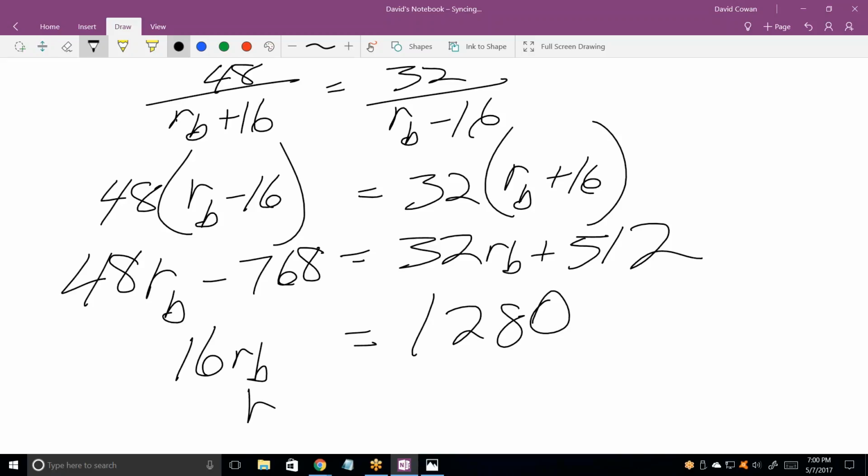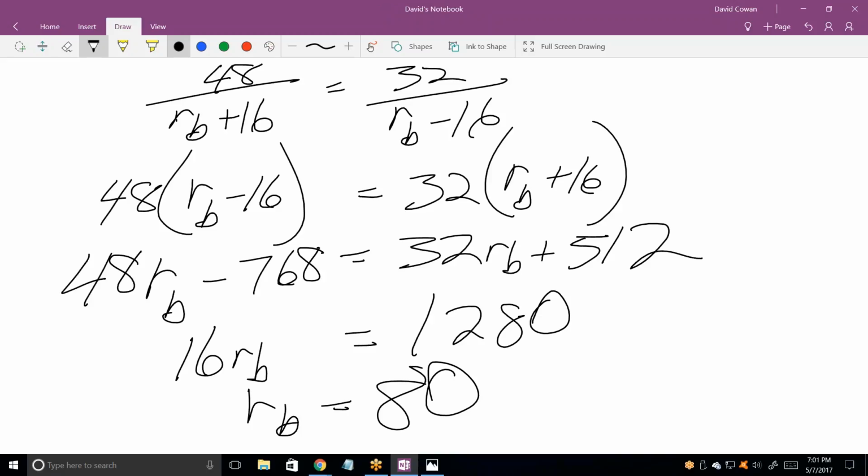What's r sub b? What's 1280 divided by 16? 1280 divided by 16 was 80. I think, yeah, I know you're right. So that's the speed of the boat in still water.